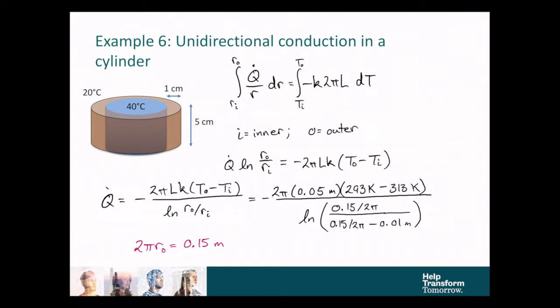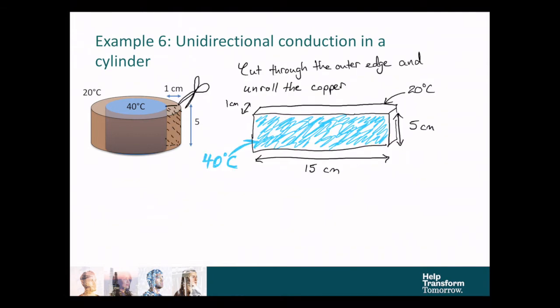So those are where those expressions come from. If we perform the calculation, we get that the heat flow rate required to maintain these temperatures is 4,630 watts. Problem solved.